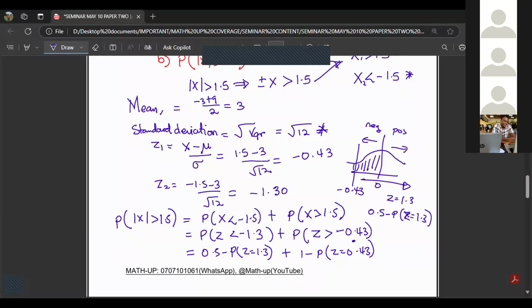So from our logbooks, we have 0.5 minus the probability of z being equal to 1.3, we shall have 0.4032, then plus 1 minus the probability of z being equal to 0.43. It's going to be 0.1664.